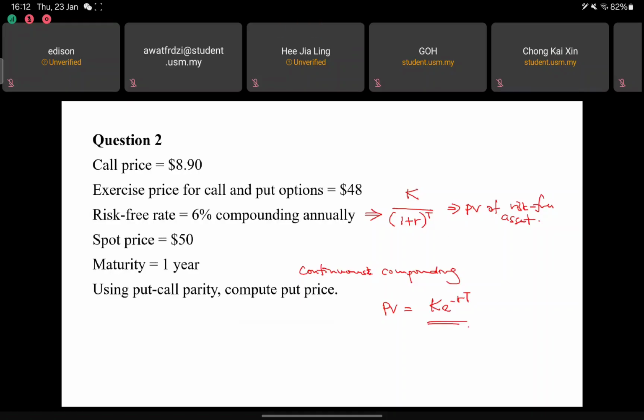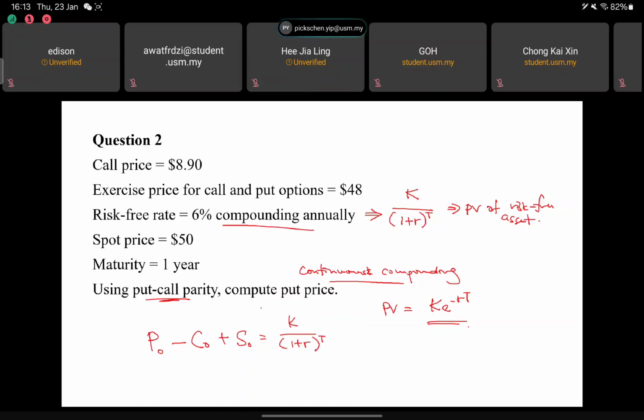So for this type of question, read carefully whether it is compounding annually or continuous compounding. Then use the put-call parity formula: buy a put, sell a call, buy a stock now, which will be equal to the present value of the risk-free asset.